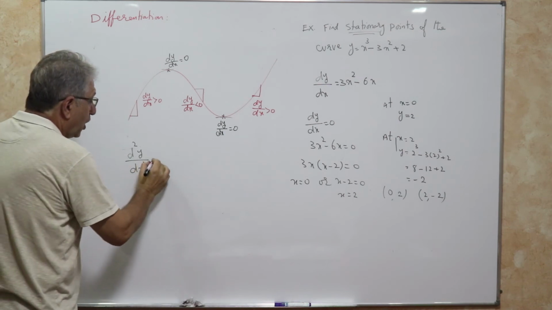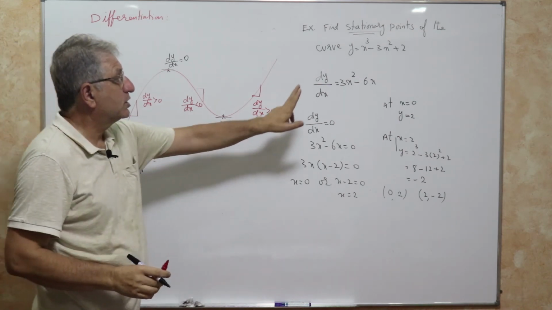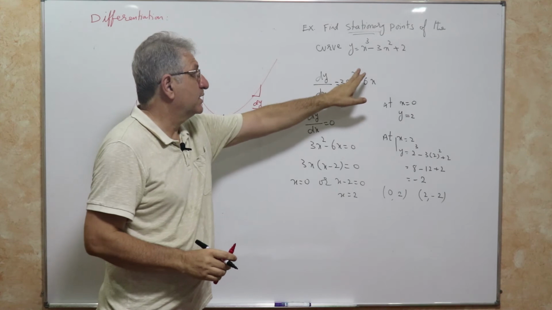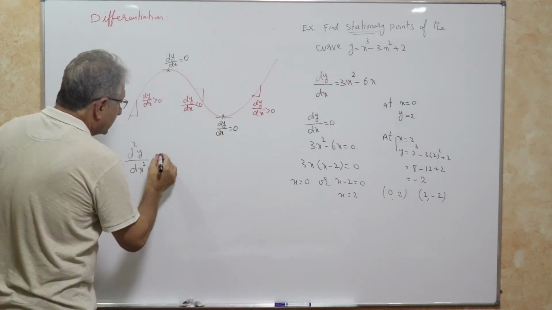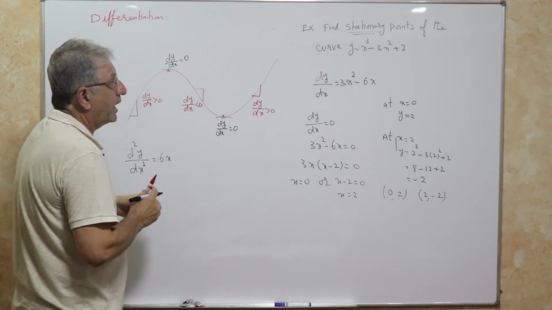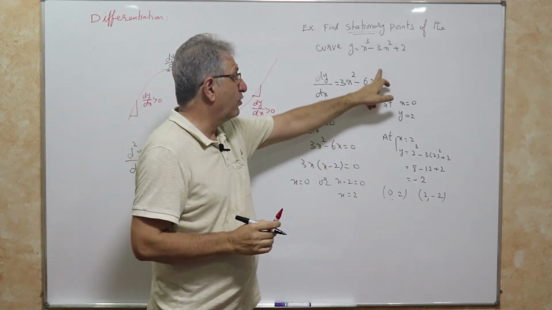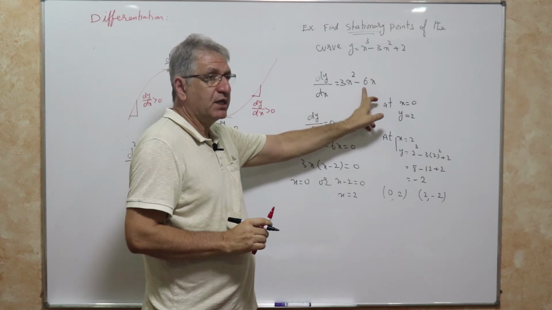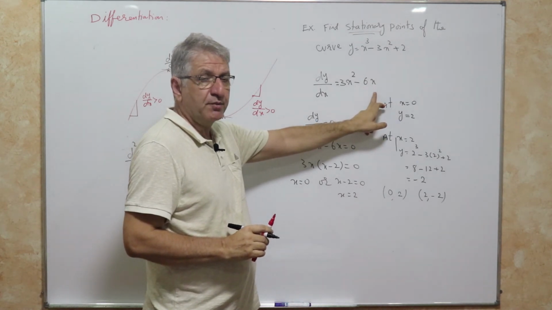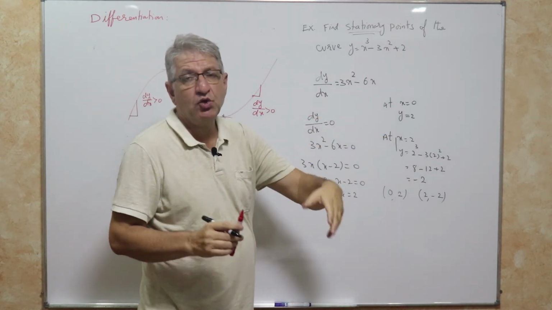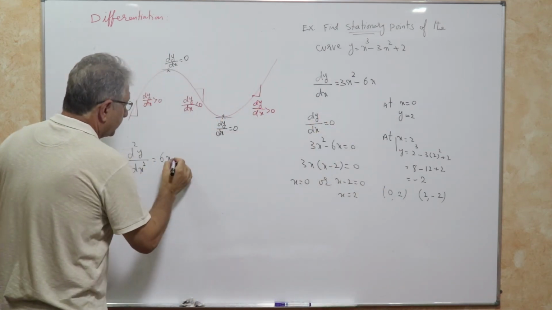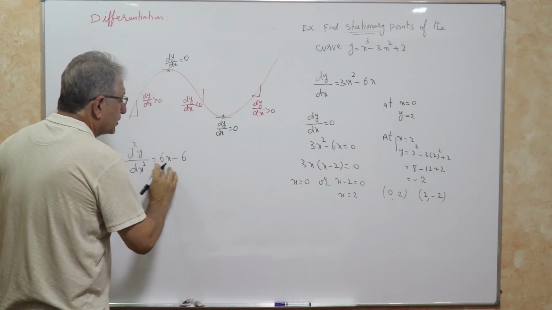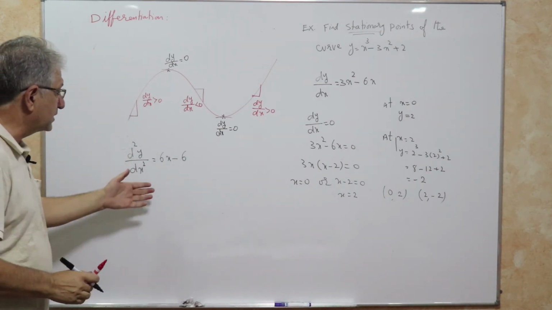Now differentiate this again. This 2 comes down here, it will be 6x, and since this is 6x to the power of 1, 1 multiplied by 6, you reduce 1 from the power, so x will be to the power of 0, therefore no x anymore, and then minus 6. Now this is the second derivative.